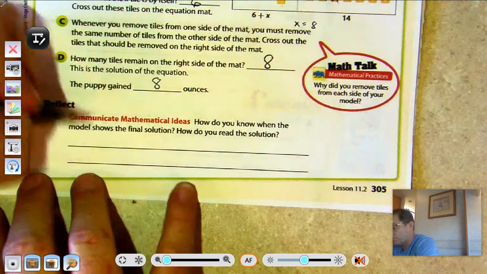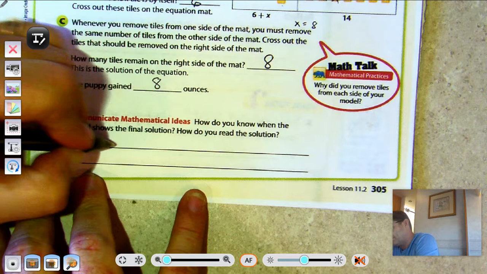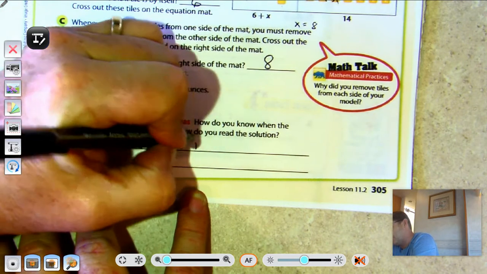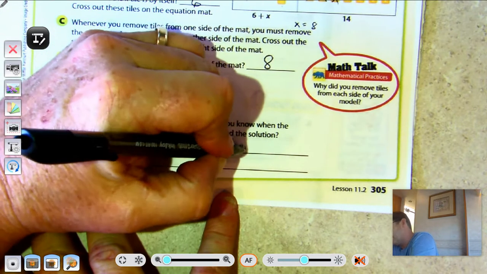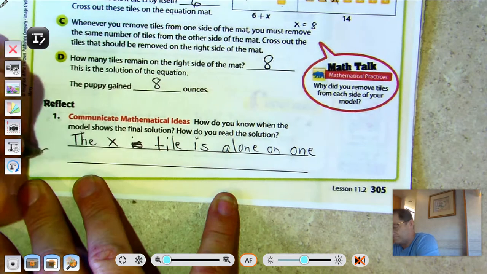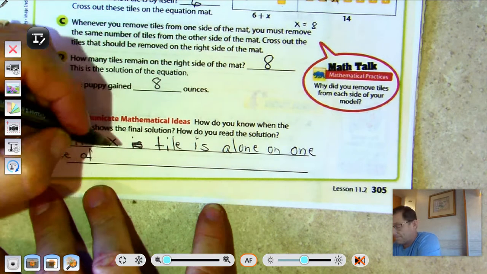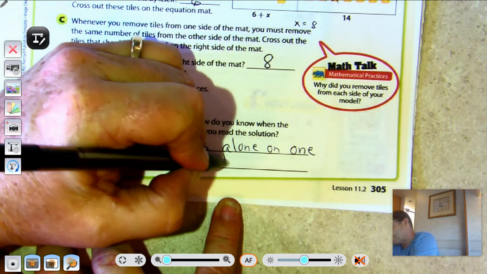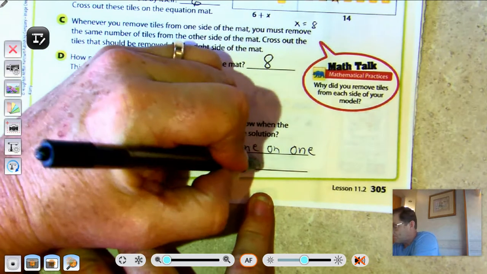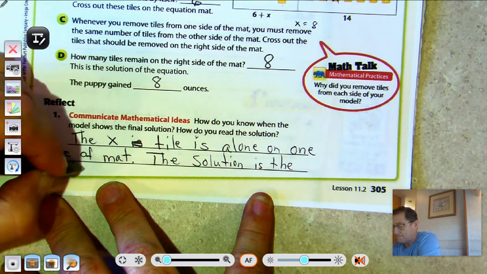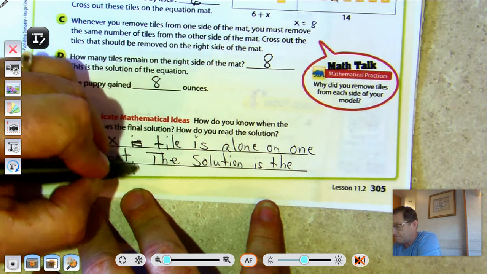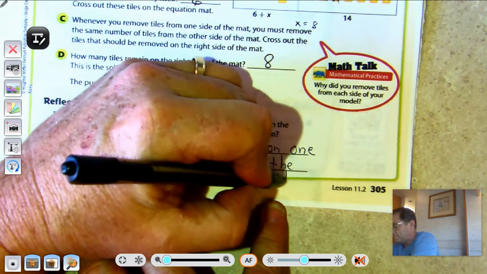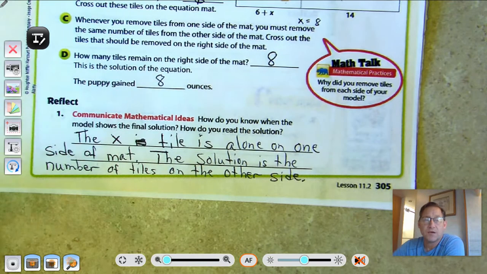We know that when the x tile is alone on one side, the model shows the final solution.